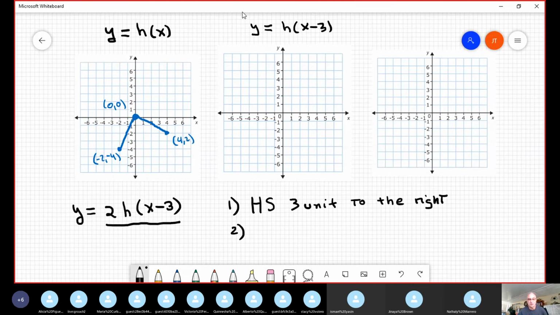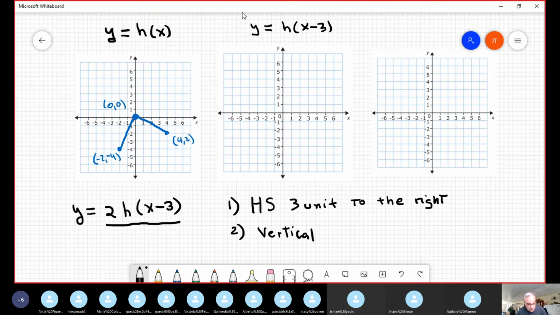And finally, what is the second transformation that you can see? Multiplication by 2. What's the name of this transformation when you multiply the function by 2? It's a stretch. But what kind of stretch? Horizontal stretch or vertical stretch? Vertical, exactly, because you multiply outside the parenthesis. Vertical stretch.